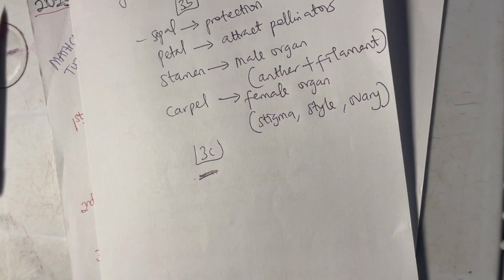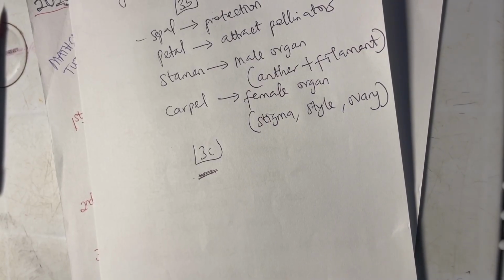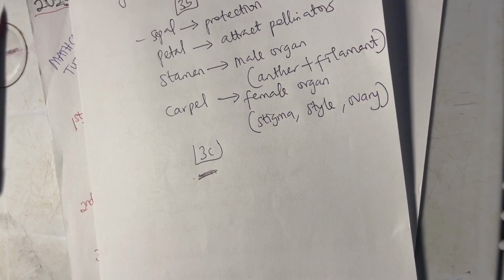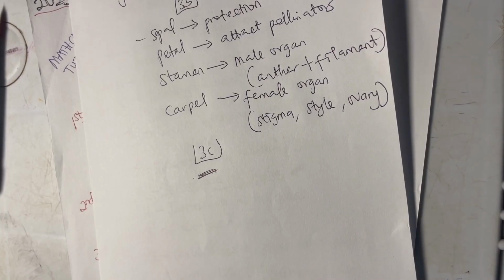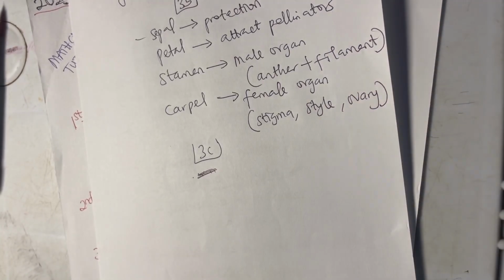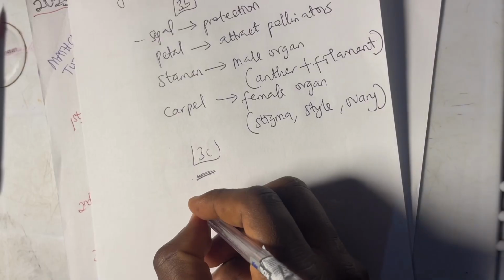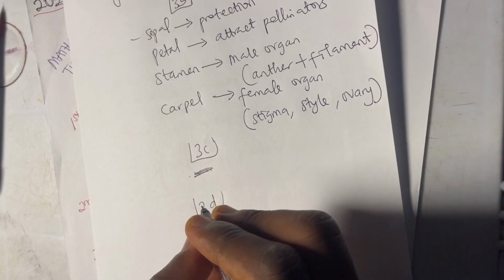Another thing they may ask you is to state maybe 1 or 2 significances of specimen J in gymnosperm reproduction. Let me call that 3D.